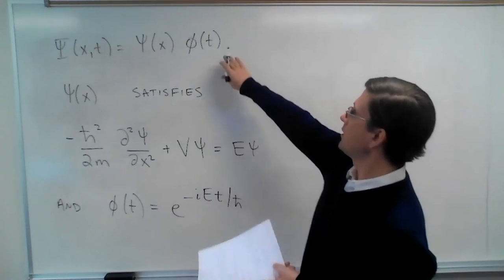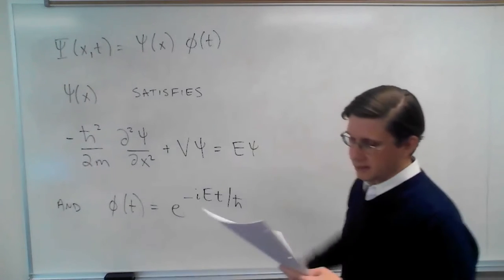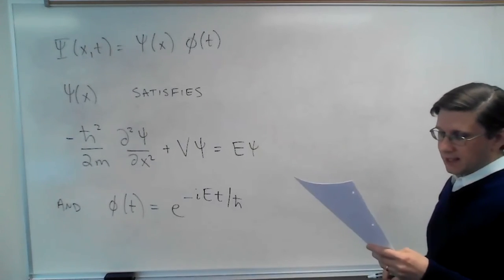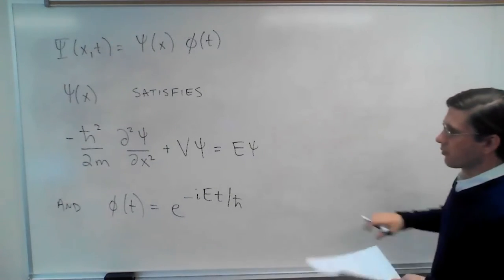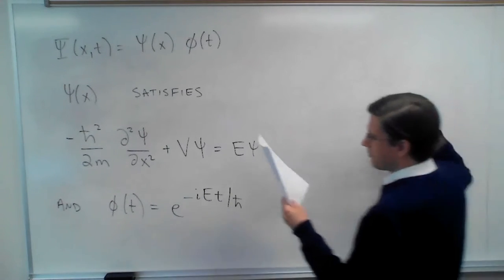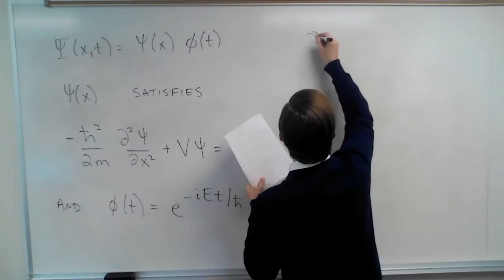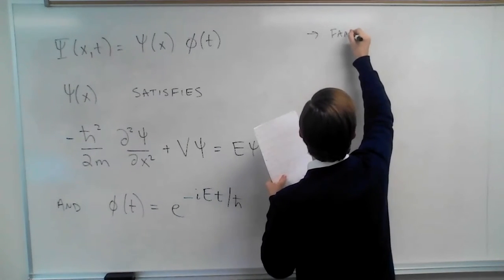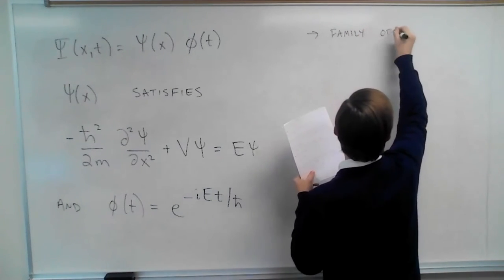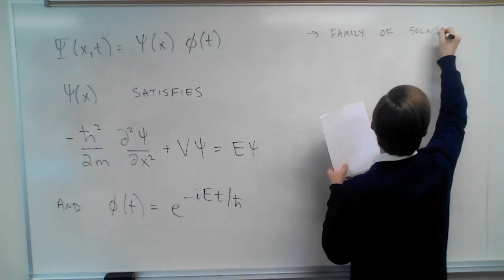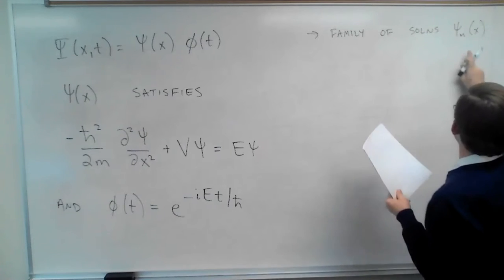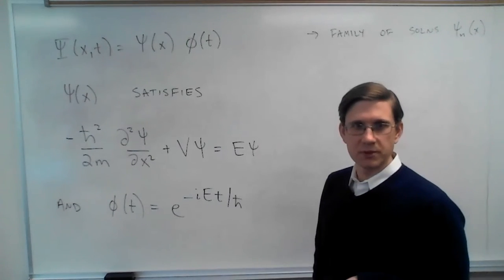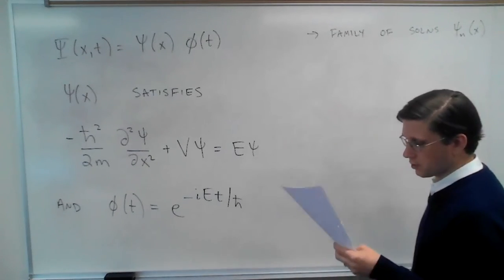And this is kind of the beauty of splitting it up into a spatial part and a time-dependent part, which is that we can say that the Schrodinger equation here admits an entire family of solutions. We have this family of solutions which are psi sub n of x, where n is an index that labels which solution we're in.